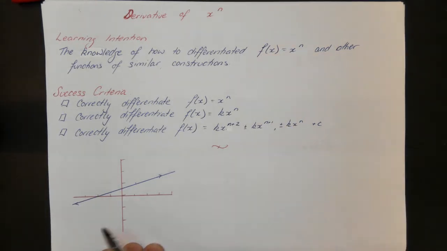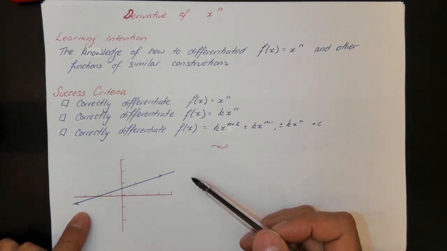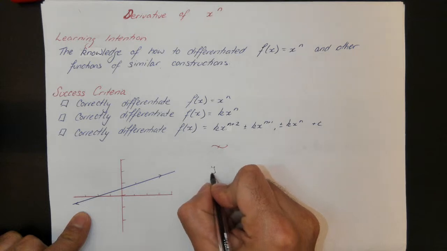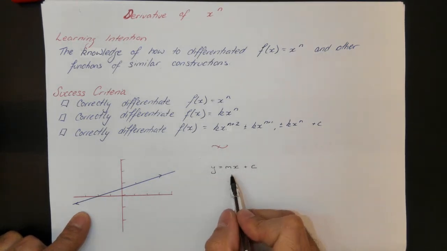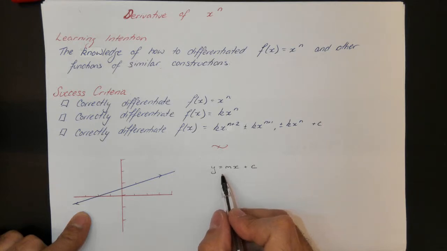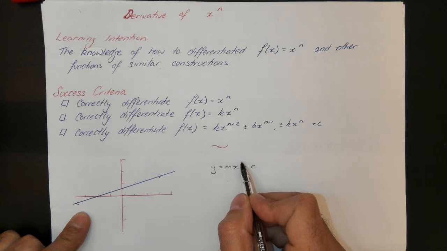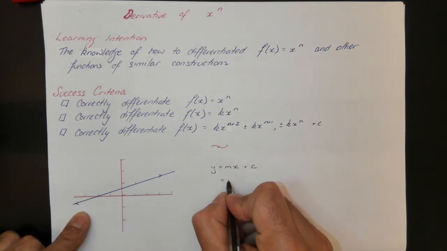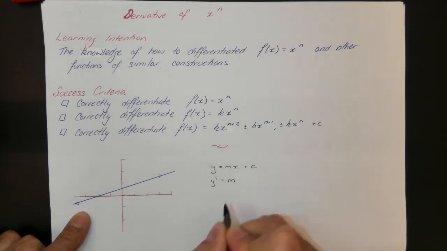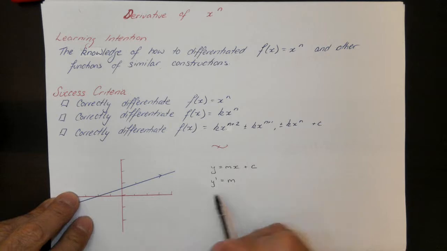Okay. Now, when we had a straight line in the form y = mx + c, we have a function where the highest power of x is 1. We knew that the gradient of that function was m, or y dash, or dy/dx, is m in this case.